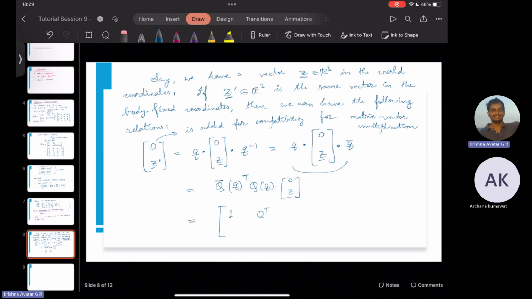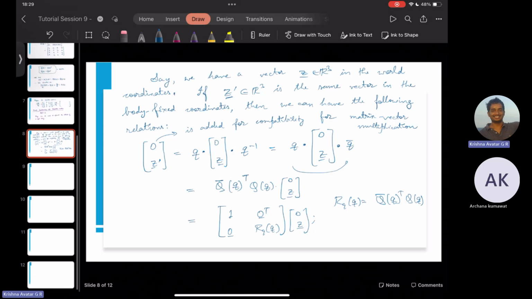And then we have, of course, zero vector, and then RQ as a function of Q vector, 0, Z. And here this RQ is just an abbreviated form of Q transpose into Q. So that's how we do.